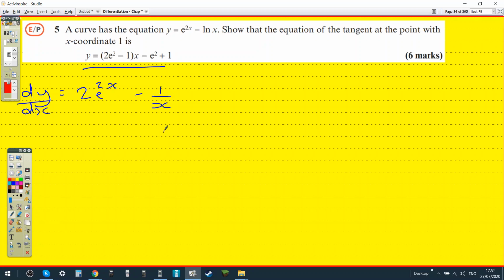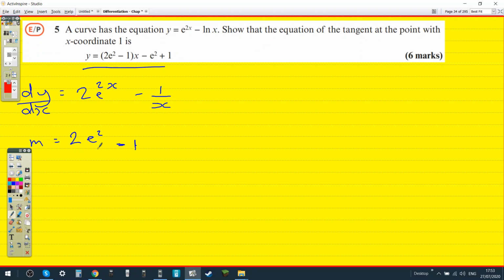And then you substitute x as 1. So that would just be 2e squared minus 1. And then you could do point form, I guess, but you don't know the y coordinate. You could find it. So we have the gradient at that point.